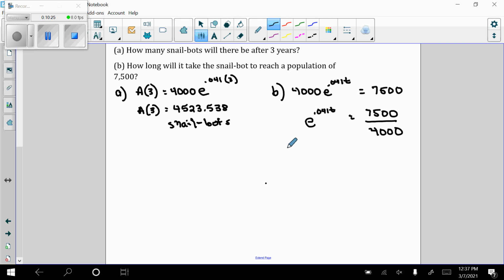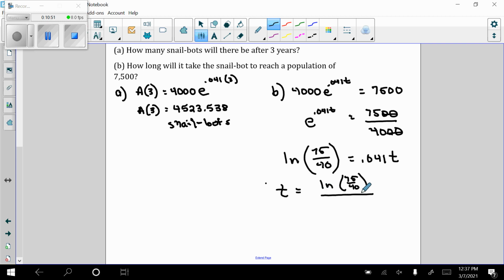So now this is another natural log. I'm going to go ahead and cross off my zeros. So I get 75 over 40 equals e to the 0.041 T. So T is going to be the natural log of 75 over 40. Make sure you close your parentheses when you do this.